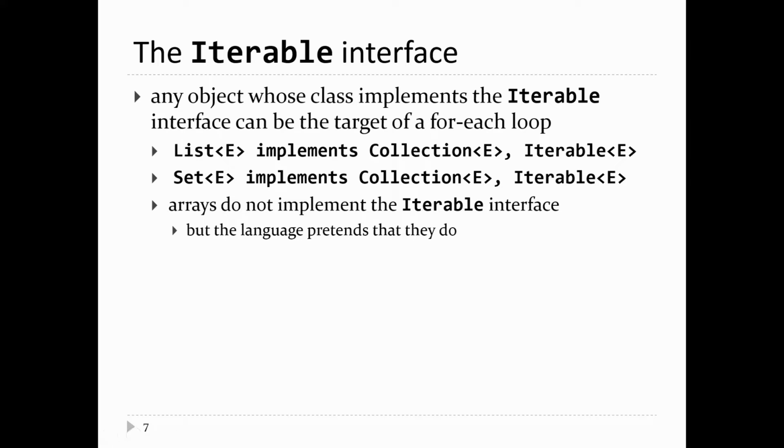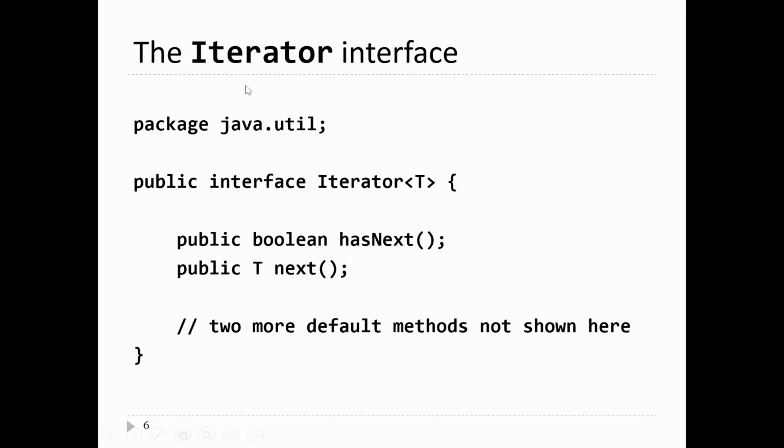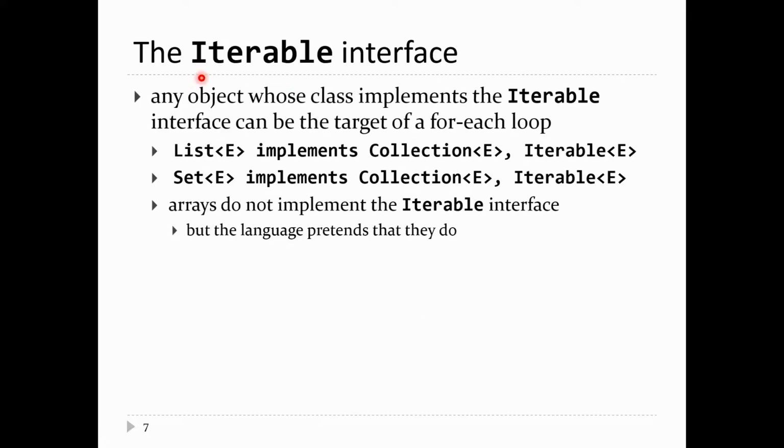So why is the iterator, the iterator? That's the iterator interface. There is a closely related interface called Iterable. An iterable object is any object for which you can write a for each loop. List implements the Iterable interface.